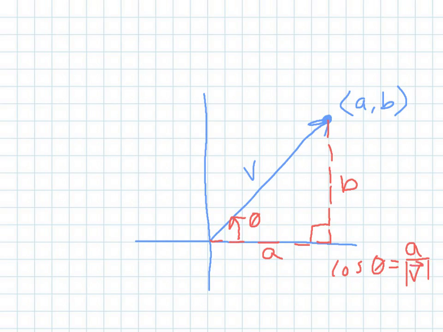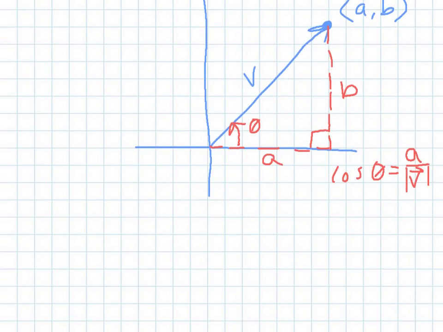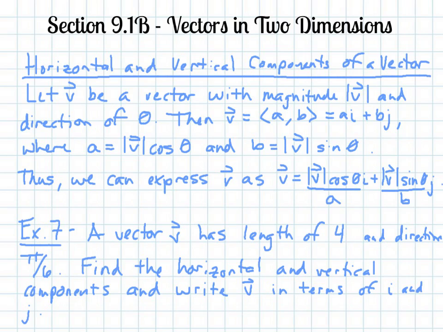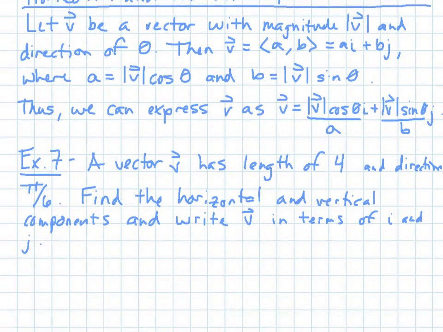If I multiply both sides by that magnitude, you would get a equals the magnitude of v times cosine theta. I could do the same thing for b. You just use sine theta equals b over the magnitude of v. So that's how those two values are related to one another, and we're not completely gone from using our trig functions.